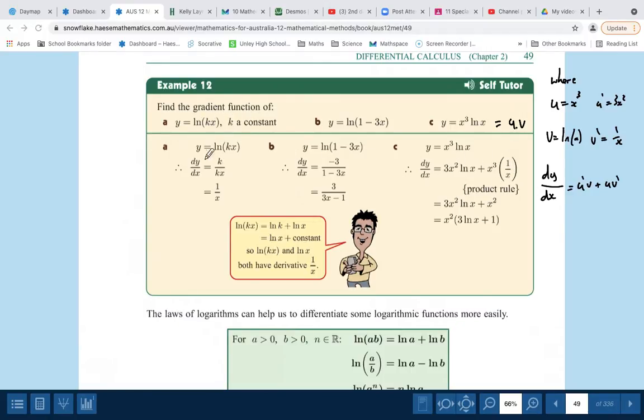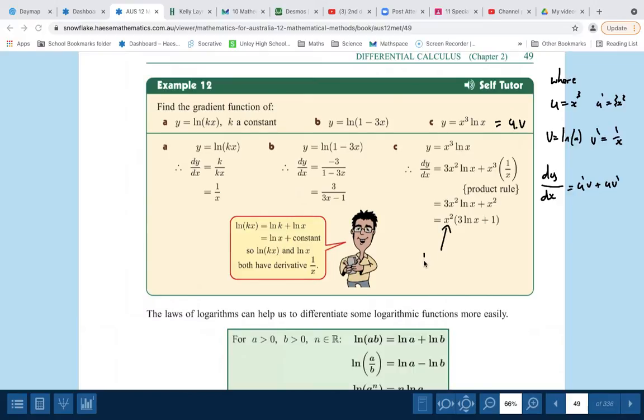In this one, maybe you would write it out with an extra step. Just before I go to that one, right at the end here, they do their 3x squared times log x there, and then they've got their x cubed times 1 on x, which simplifies, they show it here, simplifies to x squared. They've noticed there's a common factor here, right?